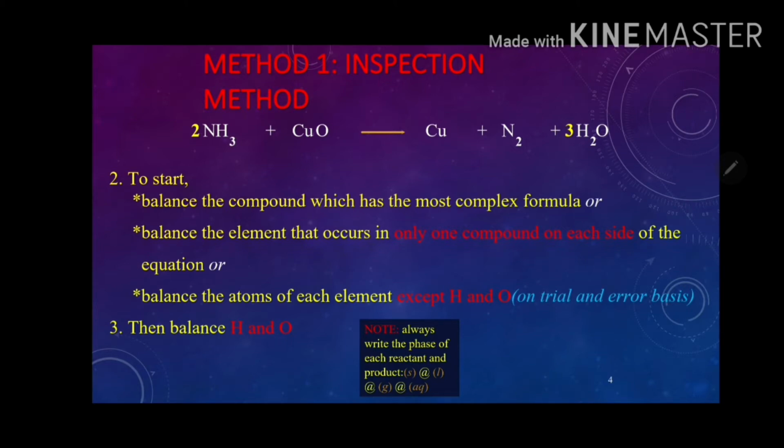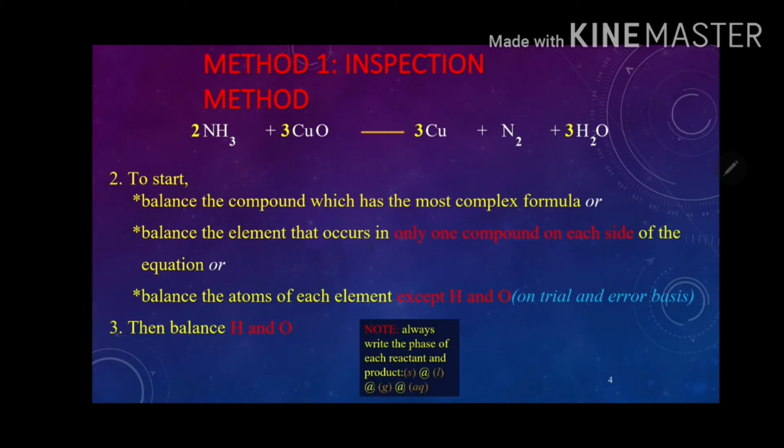So next is oxygen. Oxygen on the left side is 1. On the right side is 3. Okay, to balance left and right, so we write 3 CuO to get 3 oxygen here. So now it is balanced oxygen left and right. But now copper becomes 3. So you have to balance copper again. So write 3 Cu on the right side.